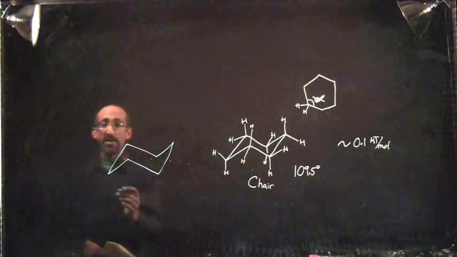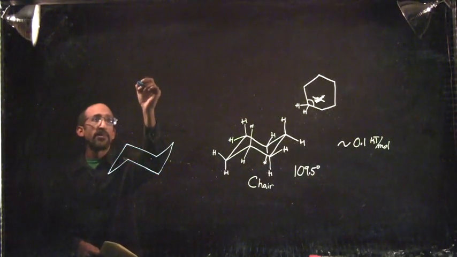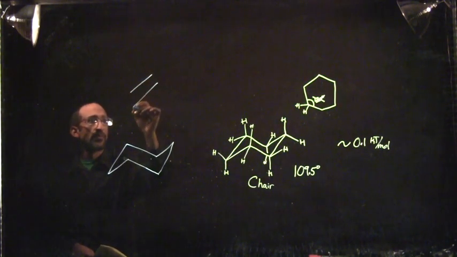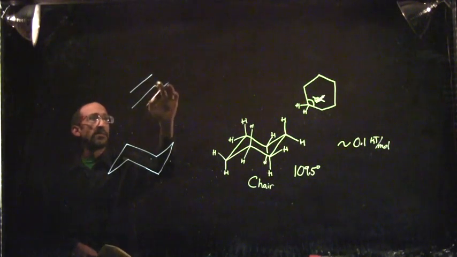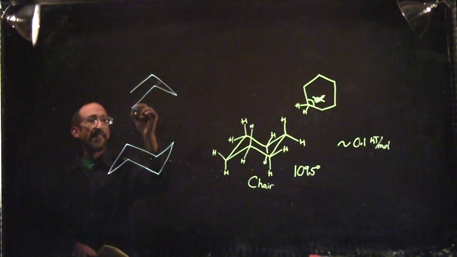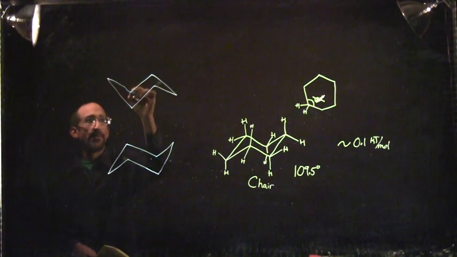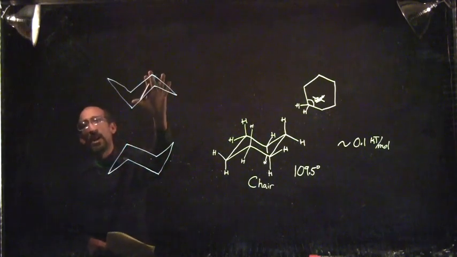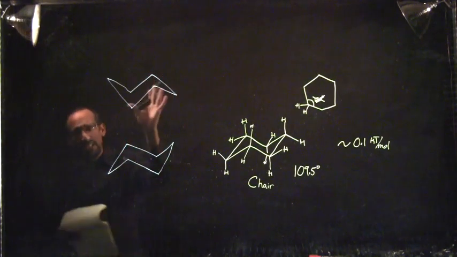We could also draw it the opposite way, where we put one carbon down and one carbon up. These are both chair conformers, and while this one up above isn't super beautiful, it's still a reasonable drawing.